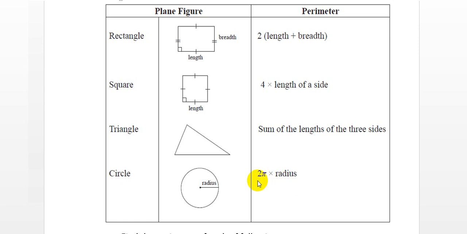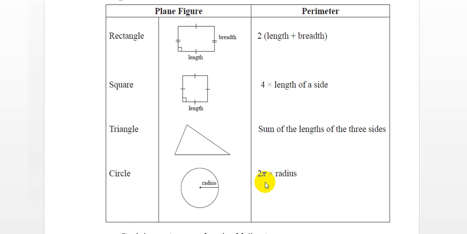Pi is a constant value. Either you can represent it as a fraction, 22/7, or you can write it in decimals as 3.14. Basically, this pi value will be given in the examination paper either as a decimal value or a fraction value.